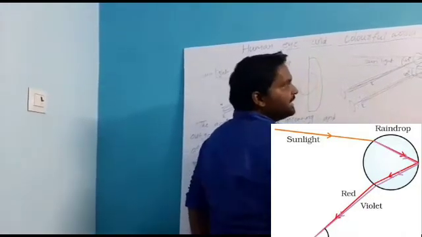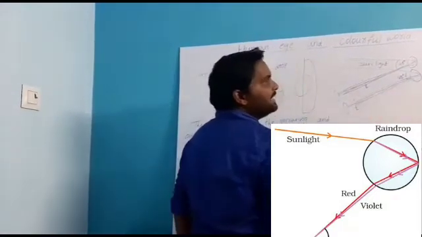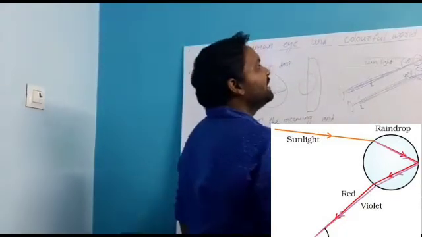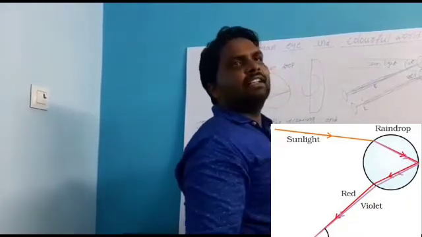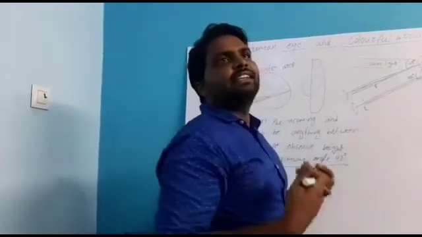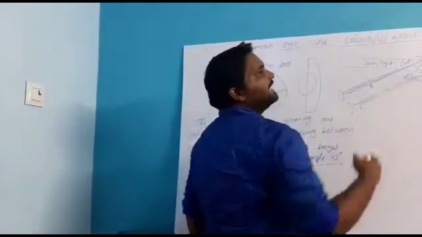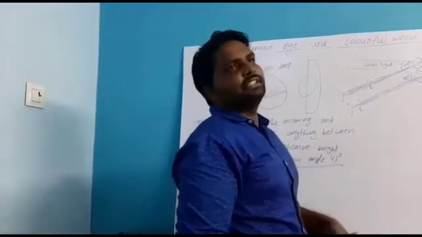In which condition can we see the rainbow clearly? When the angle is 42 degrees, we can see a clear rainbow. But sometimes we can't see the rainbow clearly, because maybe the angle is 40 degrees or 35 degrees. That's why we are not seeing it clearly. When the angle is the maximum, 42 degrees, we can see the rainbow clearly in the sky because of dispersion.